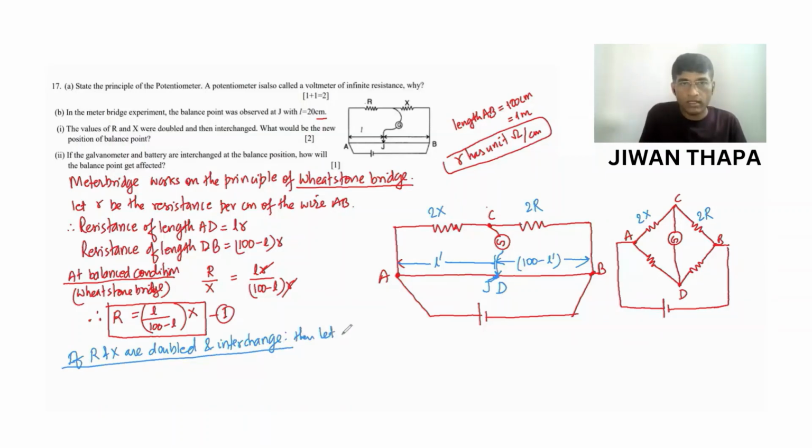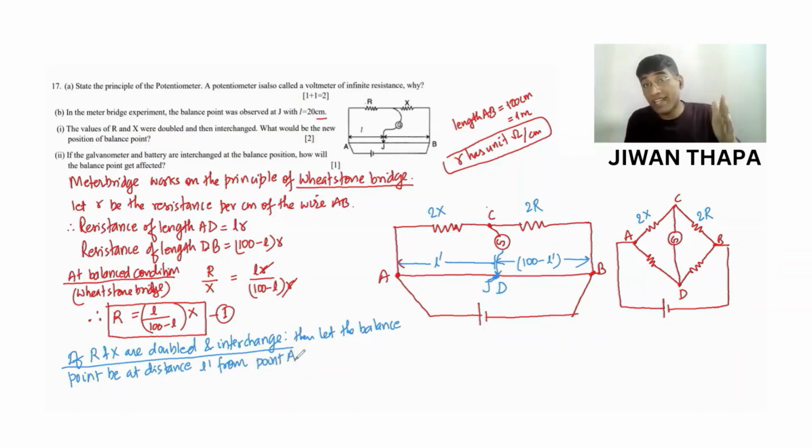Then let the balance point be at distance L dash from point A. We always slide jockey from A because it is at high potential, then B. So this is to be noted.